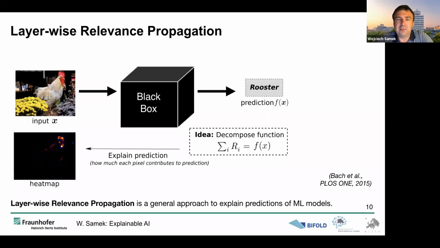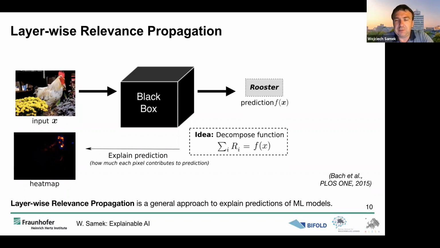So we wanted to assign to every pixel a value Ri, representing how much this pixel has contributed to the prediction, so that in the end, the sum of all these relevance values coincides with our prediction value. So it's a very generic approach.